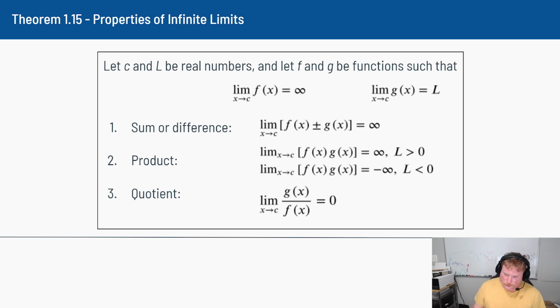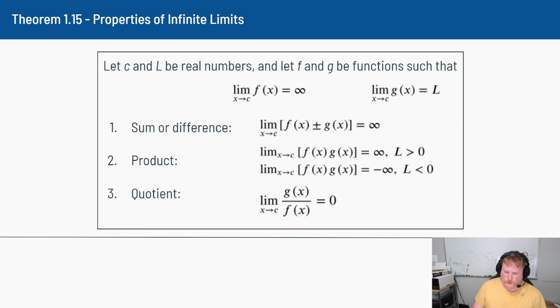So the total limit there is infinity. The same thing sort of happens with products, but we have to consider that if L is positive, then I'll end up going to positive infinity. And if L is negative, I'll end up going to negative infinity.